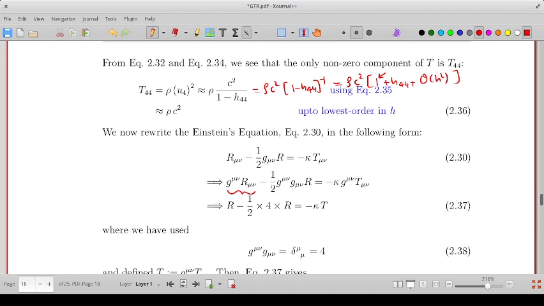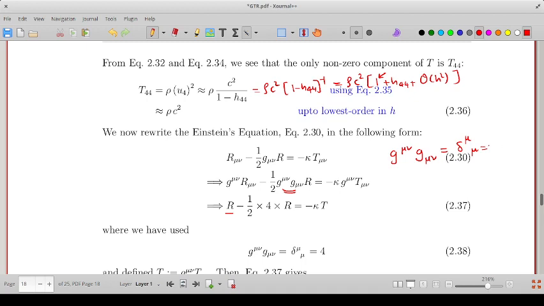And this is nothing but the Ricci scalar. So I have R here, and then minus half, then this quantity where g mu nu g mu nu, if I consider the contraction, the inner product over the index nu, is simply delta mu mu, a contraction over these two indices. So that is equal to delta 11 plus delta 22 plus delta 33 plus delta 44.